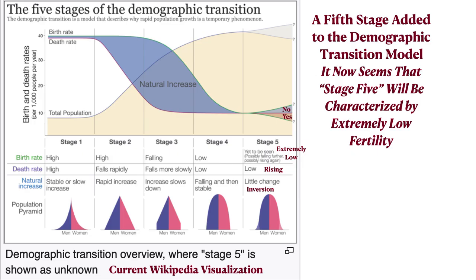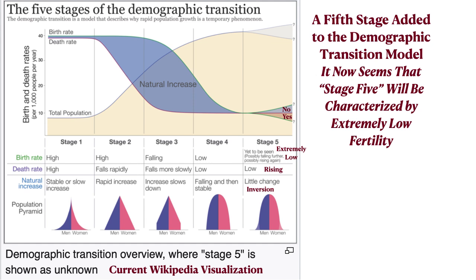Recent developments, I should say, have led to the addition of a stage 5. And here we see, again, a Wikipedia graphic of the demographic transition model with this stage 5 added.